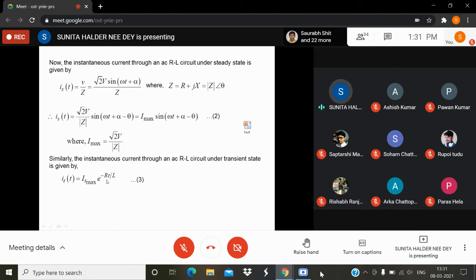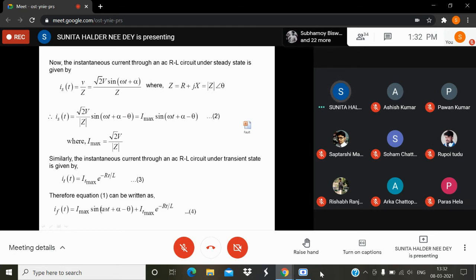The transient current will decay depending on the time constant of the circuit. So it will be some I max into e to the power minus Rt by L. Here I have not assumed that it is the same as this I max. So I have written I transient, IT max, T for transient. That means the maximum value of the transient current into e to the power minus Rt by L, because it will decay exponentially.